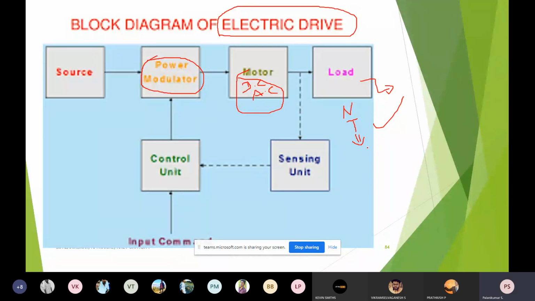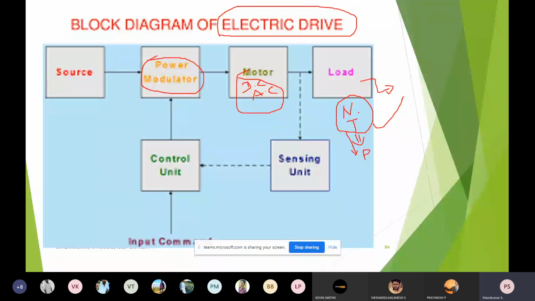So this load needs a certain amount of power at a certain speed and torque. The motor has to provide that particular power to the load at that specific speed and torque.